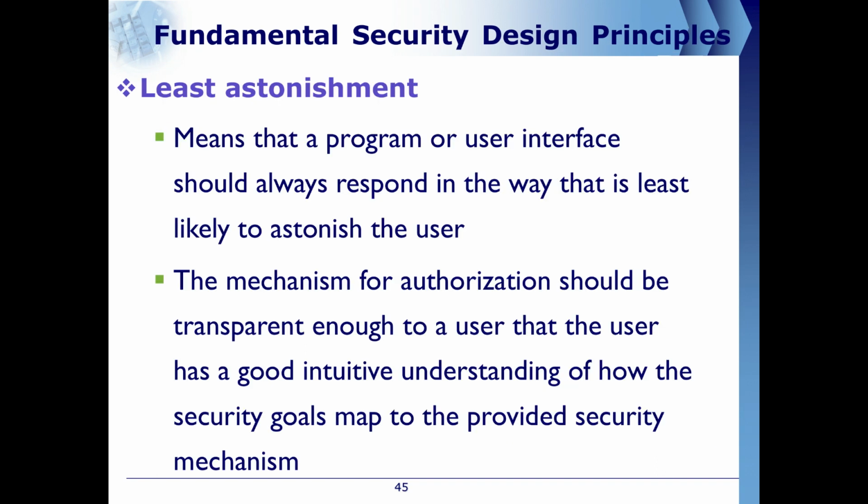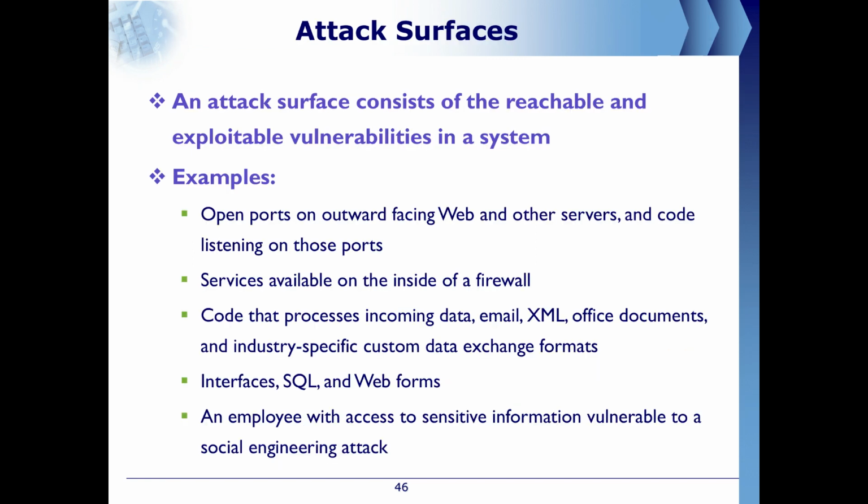Least astonishment means that a program or user interface should always respond in the way that is least likely to astonish the user. The mechanism for authorization should be transparent enough to a user that the user has a good intuitive understanding of how the security goals map to the provided security mechanism. Attack surfaces. An attack surface consists of the reachable and exploitable vulnerabilities in a system.